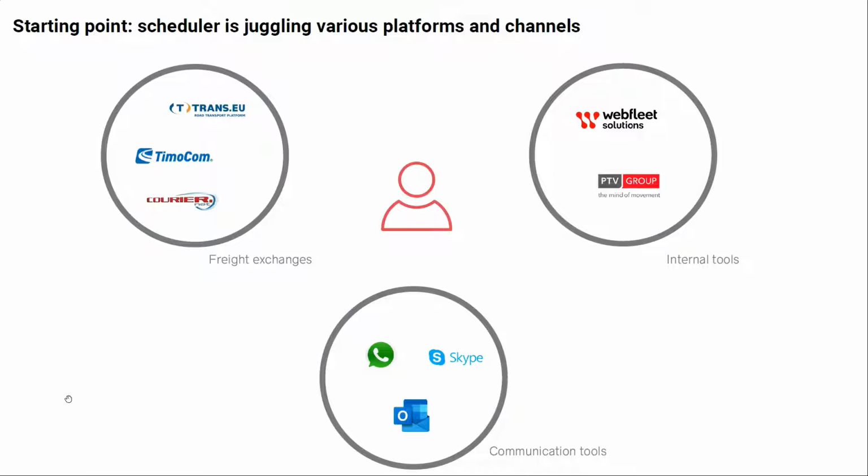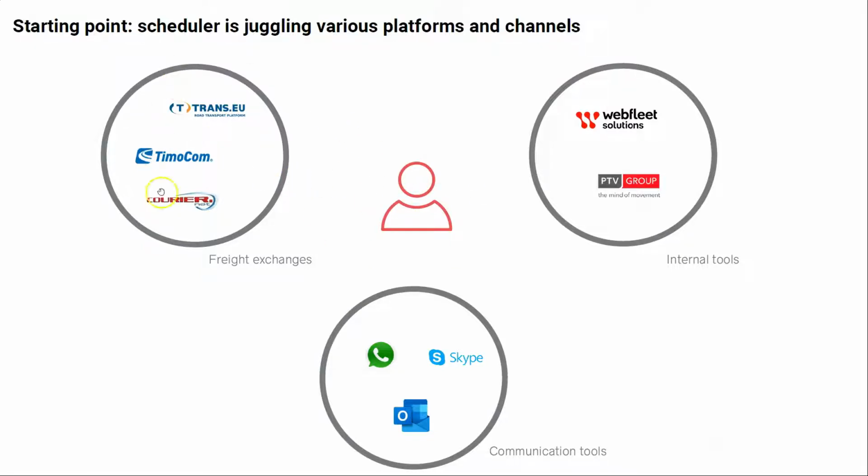So the scheduler sits there in the office of the logistics company, and they are working with the freight exchanges. We have three specific examples here: CourierNet, Timocom, and TransEU that are popular in Germany. However, there is a bunch of various alternatives out there, and many of those are regional solutions.